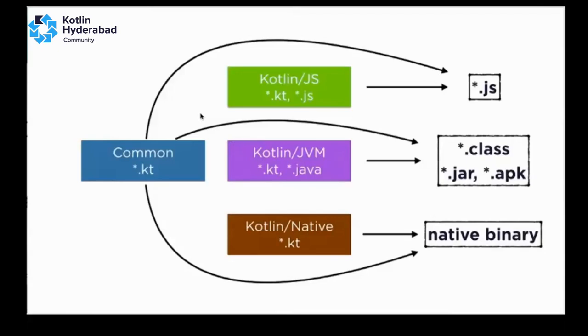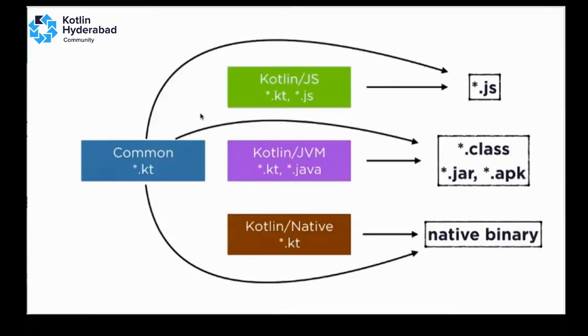If you see this diagram, this is the way the Kotlin multi-platform plugin works. The multi-platform plugin will take your Kotlin JS files, the .kt files, and convert them into .js files, and it can also accept .java files. It has good interoperability with Java, so it can also convert your .kt or .java files to .class, .jar, .apk files.